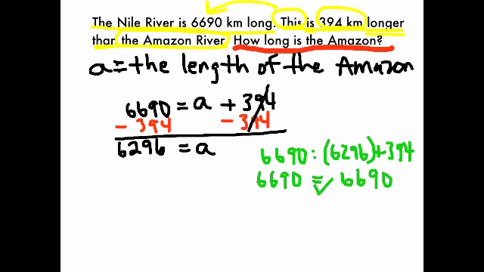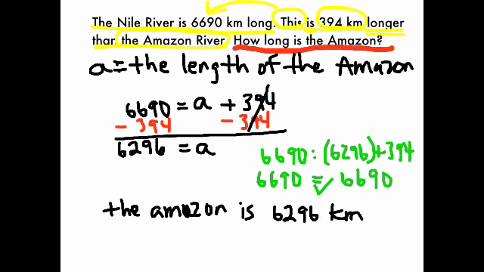So check, we are correct. And then, just like before again, the final step is a word answer. So we say the Amazon is 6,296 kilometers long. And there we go.